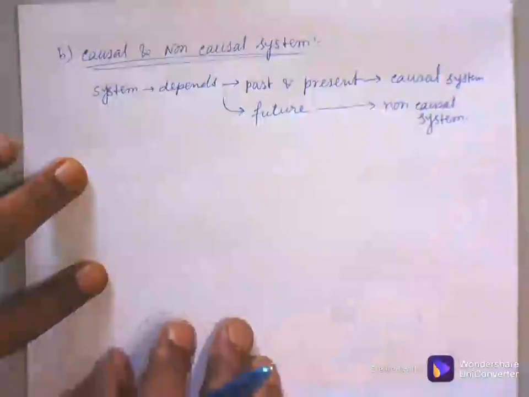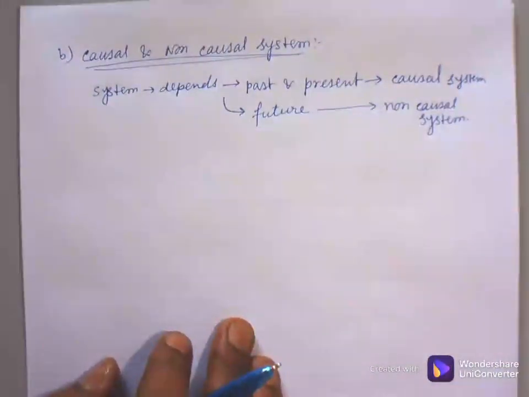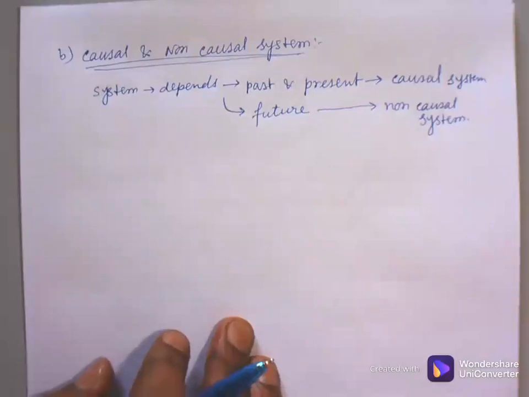Again I am saying that the calculation of causality of a system and of a signal are totally different. In a causal signal we saw that the value is 0 at n less than 0, that means the past value is 0, and the signal depends only on the present and future, that is 0 1 2 3.